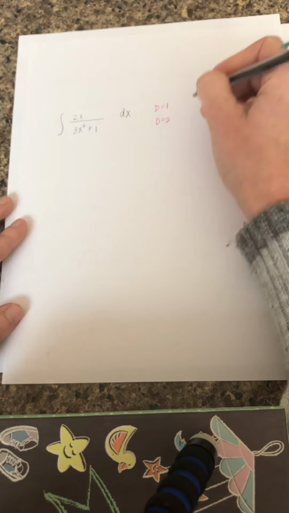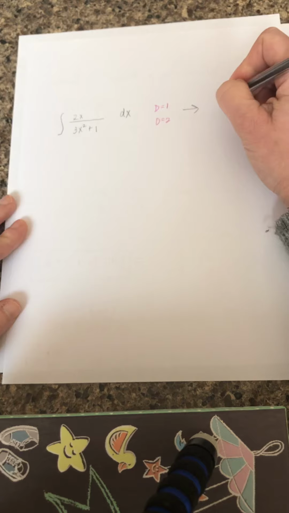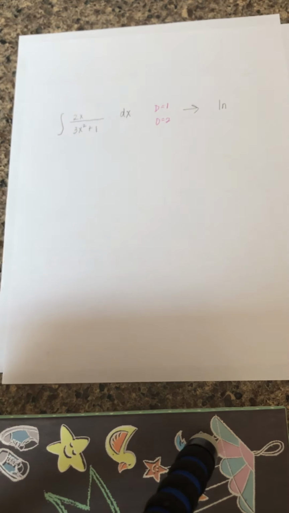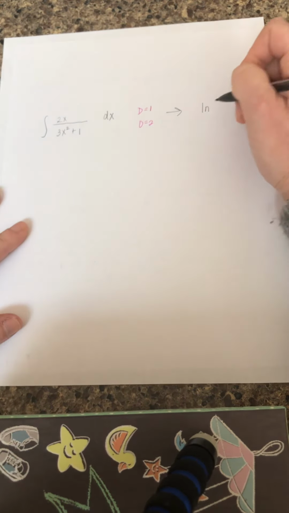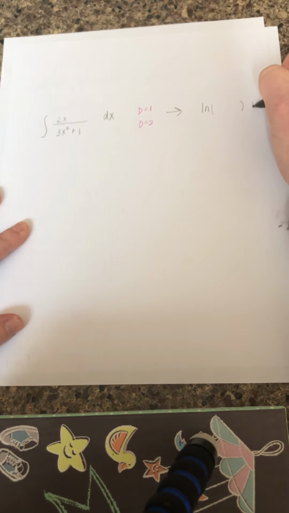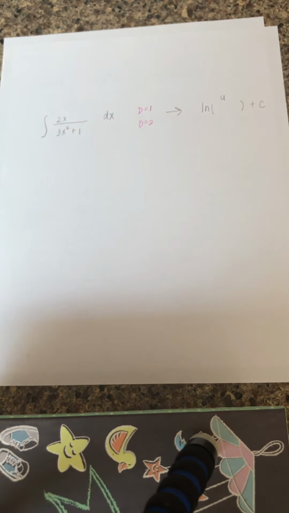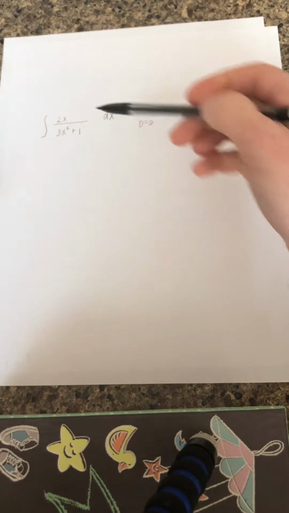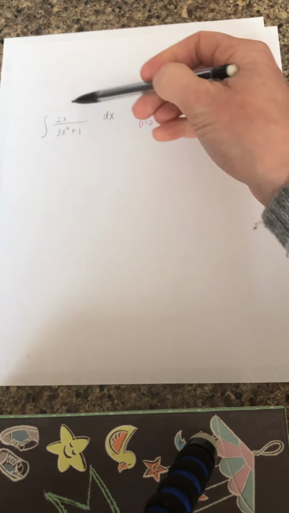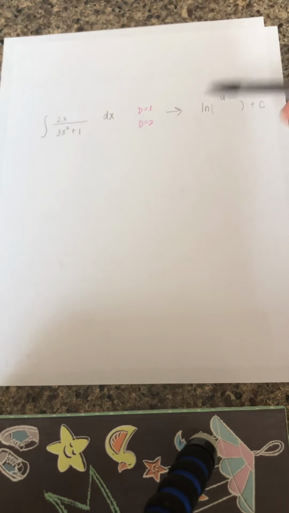So right away, we want to recognize that the antiderivative is going to be that of a natural log, right? Okay. So we know that this derivative came from the natural log of something, right?